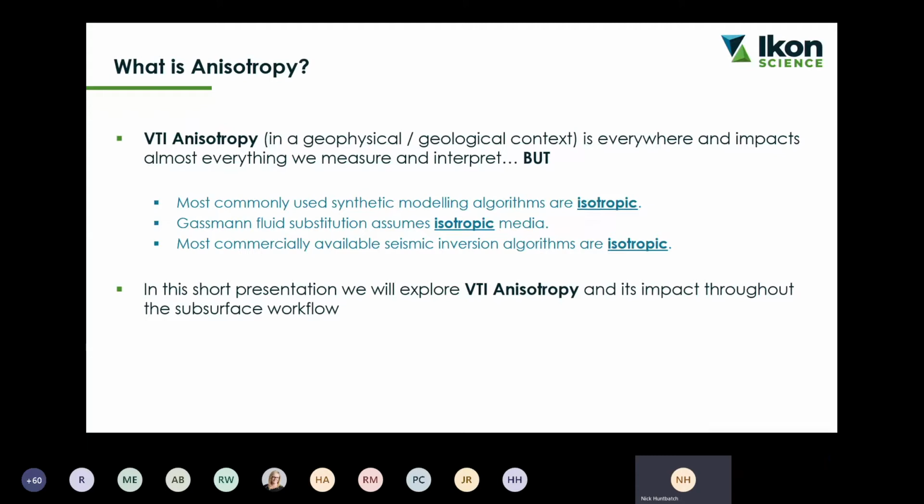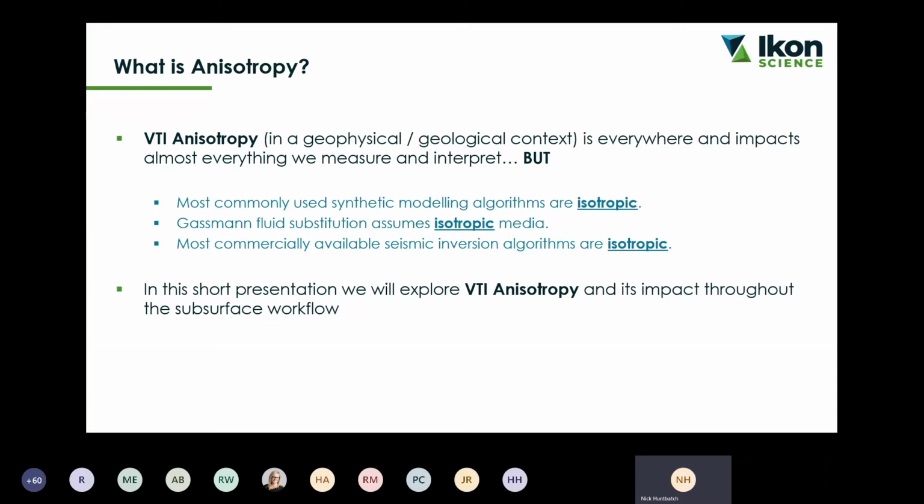And often we tend to ignore it, either because we think the impact will be too small to bother about, or maybe because it's everywhere, so it doesn't really have an overall effect, because if you look at a response from location to location, they both have the impact of that anisotropy, so we'll probably get away with ignoring it. But there are cases that we'll see in this presentation where it's not safe to ignore it and it actually has a material impact on our predictions.